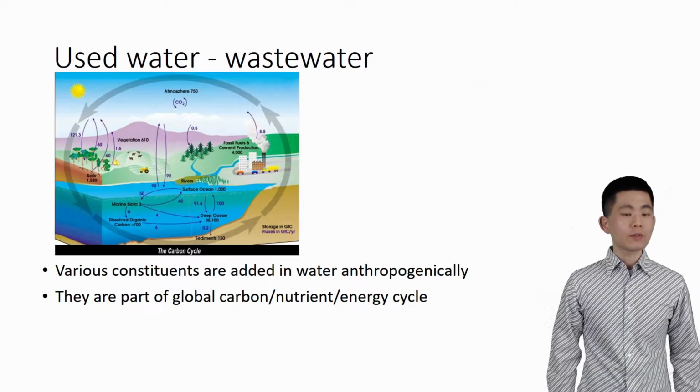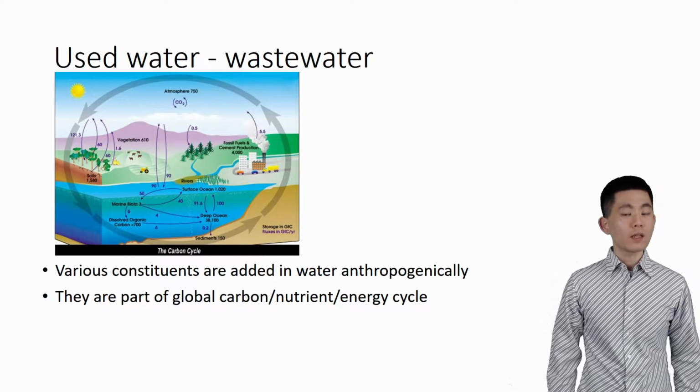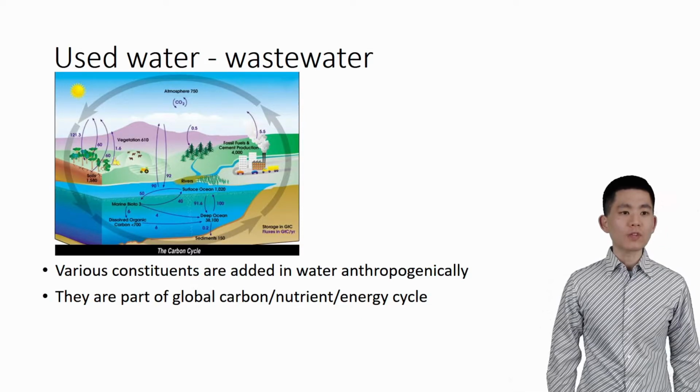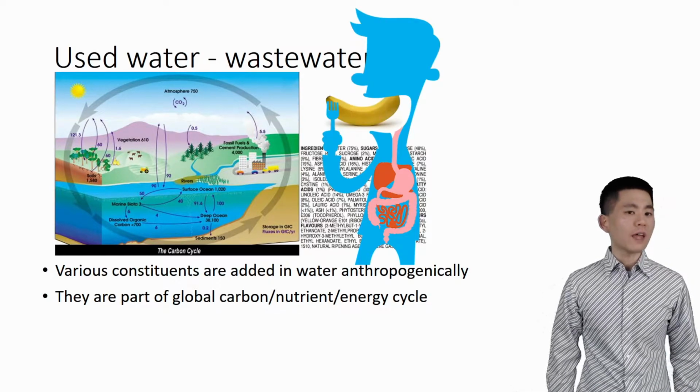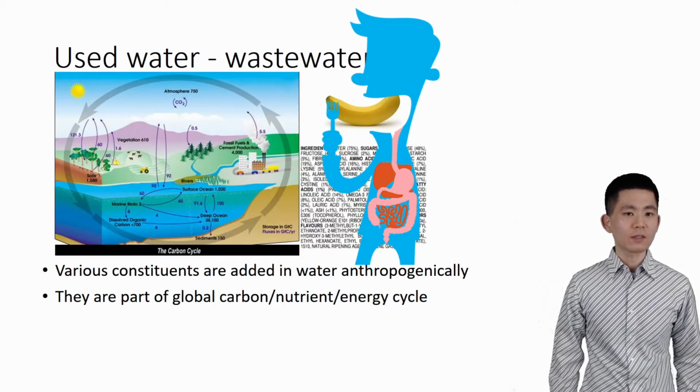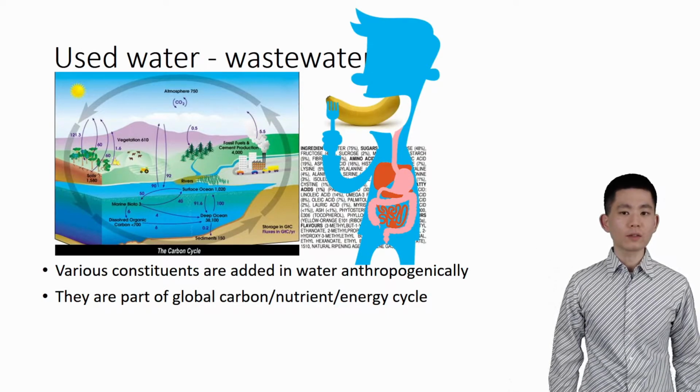These constituents, however, are parts of the natural carbon, nutrient, and energy cycles. As a simplified example of the cycles, let's say we eat a banana and convert part of its organic carbon to carbon dioxide, and utilize the energy generated during this reaction for our daily activities, such as heart pumping, muscle contraction, and so on.